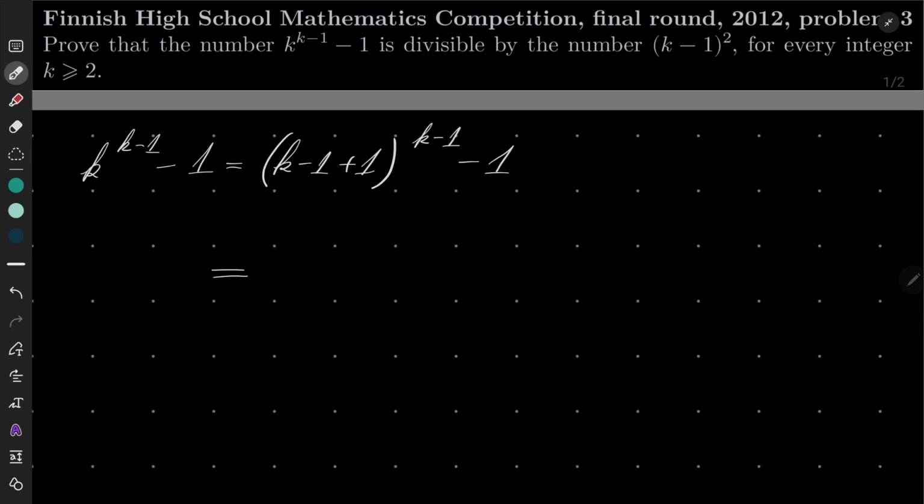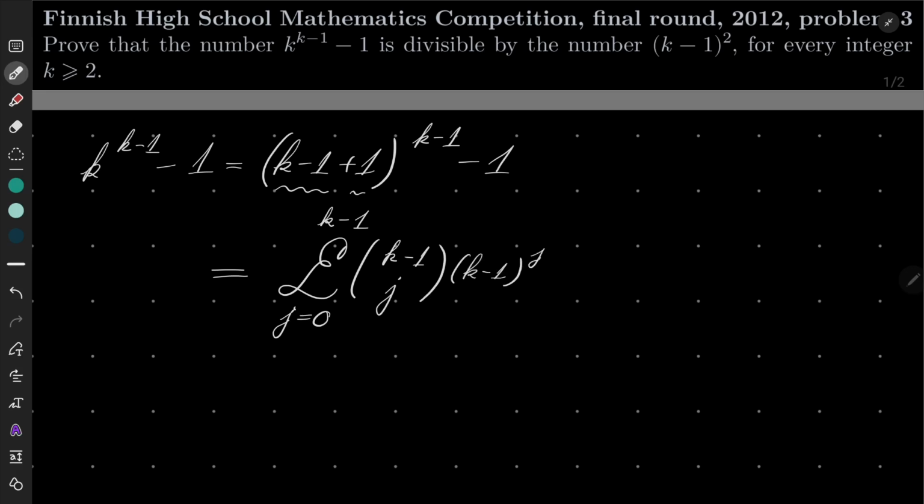And now let's use the binomial theorem, which states that this sum, a plus b to some power, is the sum over j from 0 up to k minus 1 of (k minus 1) choose j, and (k minus 1) to the power of j, and a bit artificially I will write 1 to the power k minus 1 minus j, everything minus 1.